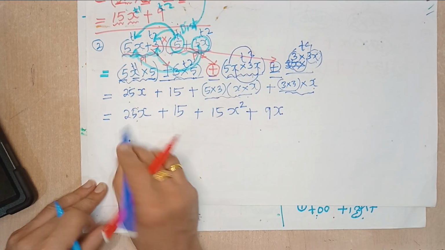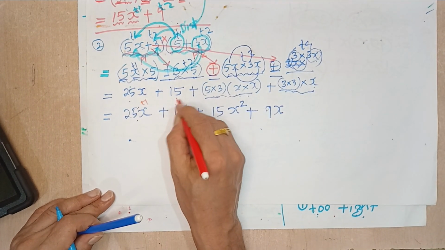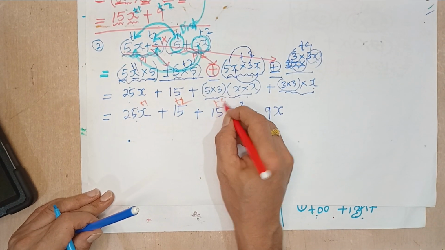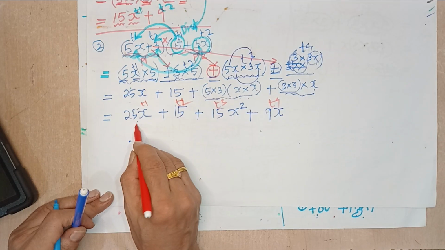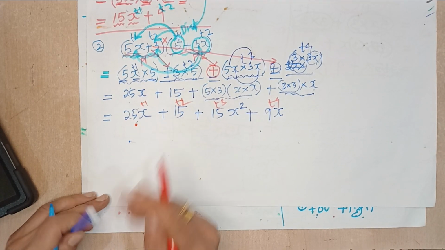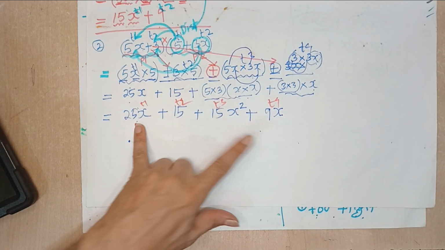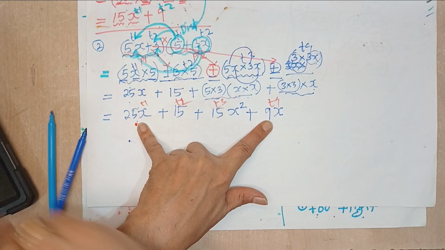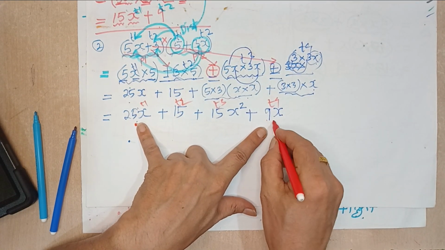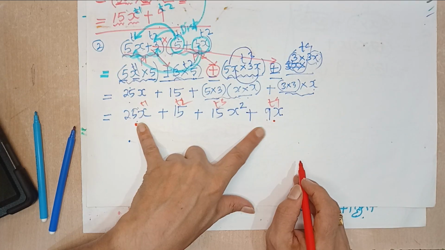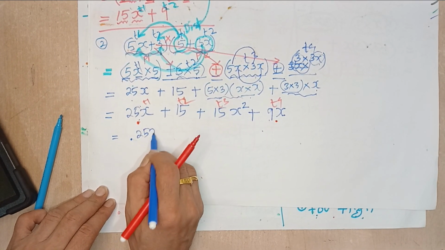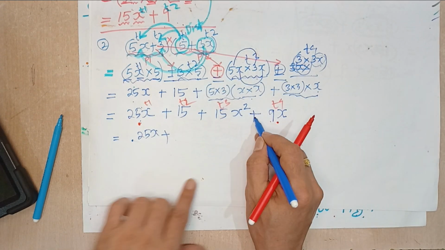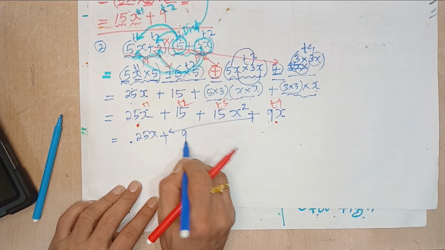Now there are four terms: term 1, term 2, term 3 and term 4. But among them, if I start with this and put a dot below, this 25x is like term to 9x. So we can keep them together, that is 25x plus 9x.